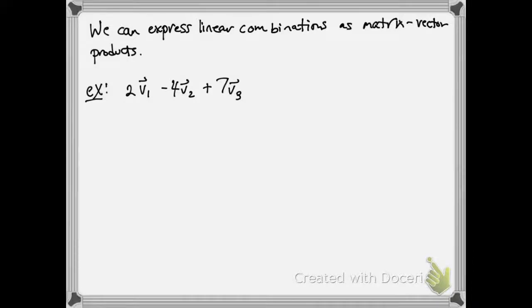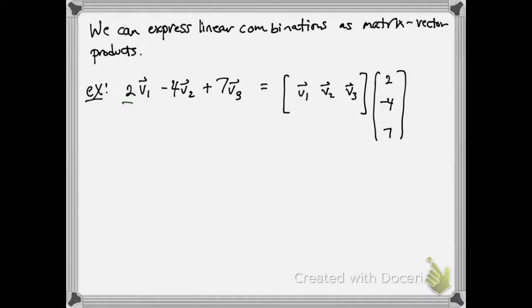The linear combination 2v1 plus minus 4v2 plus 7v3, I can view that as a matrix vector product where the matrix has columns v1, v2, and v3, and the vector has entries 2, minus 4, and 7. So notice I'm just taking the weights and creating this vector here. Right? And the vectors here tell me what vectors arise in the matrix.